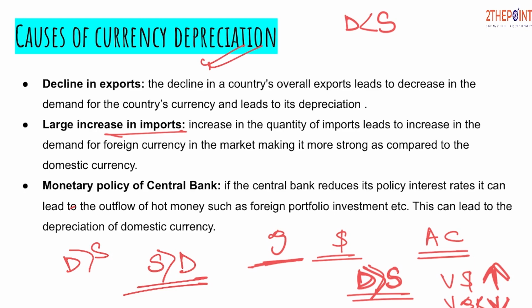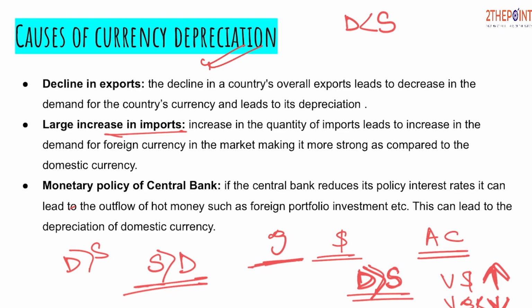So you have to remember the simple concept of demand and supply. When demand is more and supply is less, it leads to appreciation of the currency. When supply is more and demand is less, it leads to depreciation of the currency. Friends, I know this was a little technical topic, but everything is very logical if you try to relate it. You just have to remember one simple example of that injection.